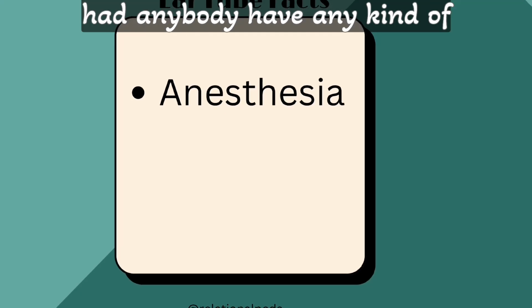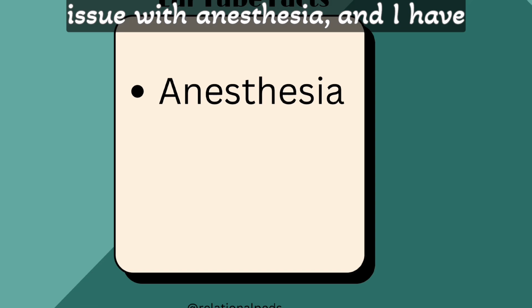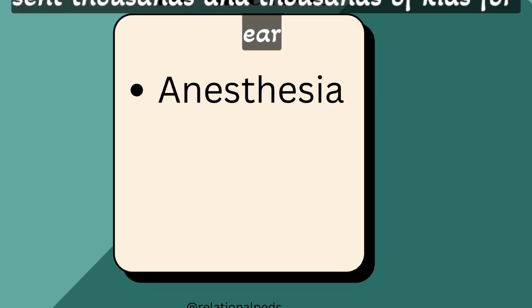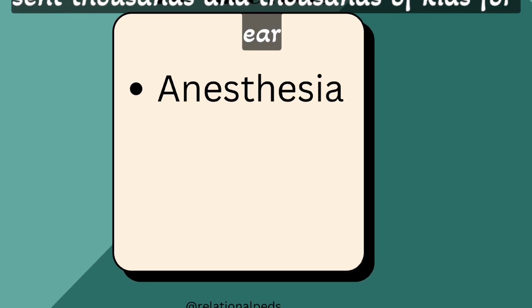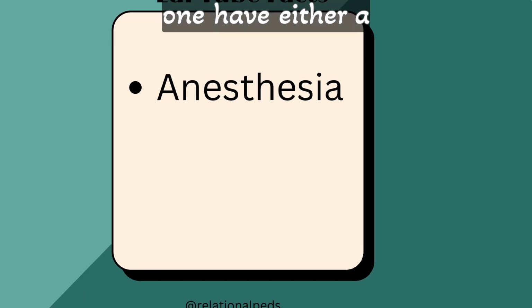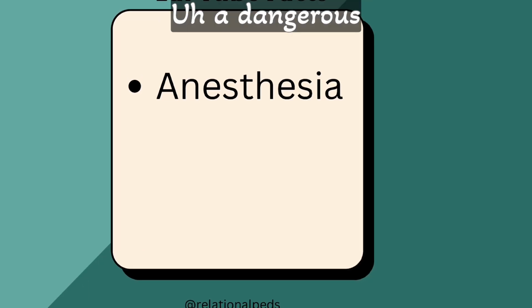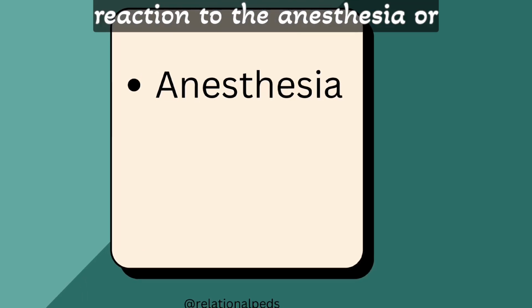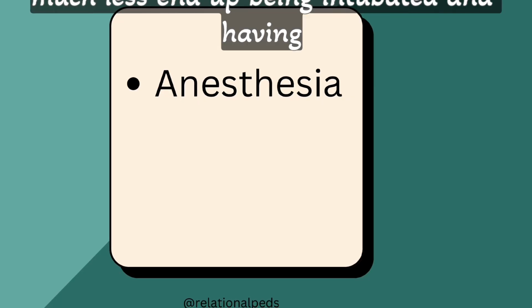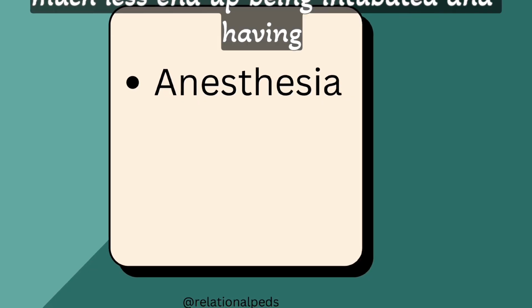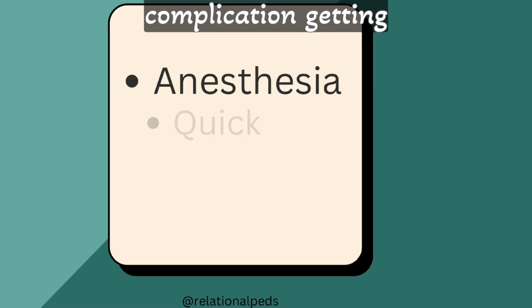But I've never had anybody have any kind of issue with anesthesia, and I have sent thousands and thousands of kids for ear tubes over the years, and I've never had one have either a dangerous reaction to the anesthesia, or much less end up being intubated and having a more severe complication.